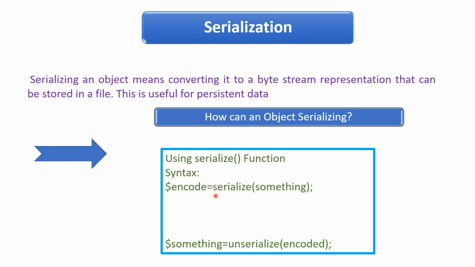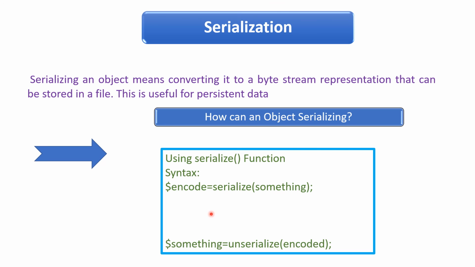This is the syntax for serializing an object. Here you can store the serialized data into a variable, and here you can use the serialize function. This returns a string containing a byte stream representing a value that can be stored anywhere, and this is useful for storing or passing PHP values around without losing their type and structure. And then there is the reverse process of serialize.